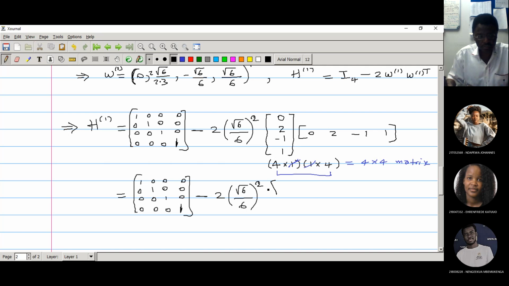So here I have a 4 by 4 matrix that I'm going to compute. So this is a 4 by 4 matrix made of this.